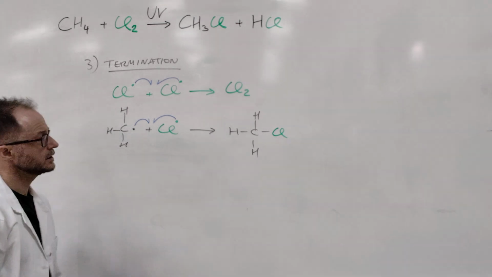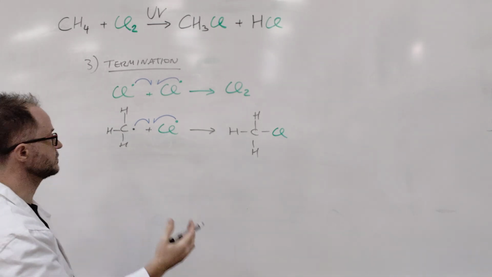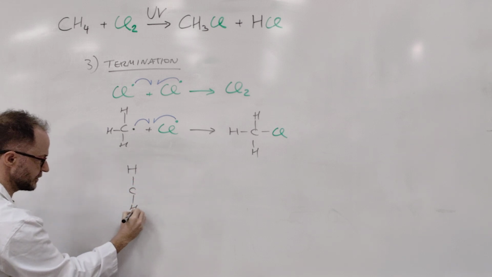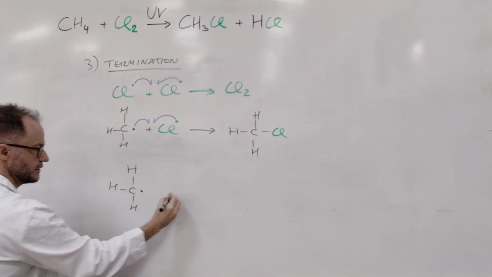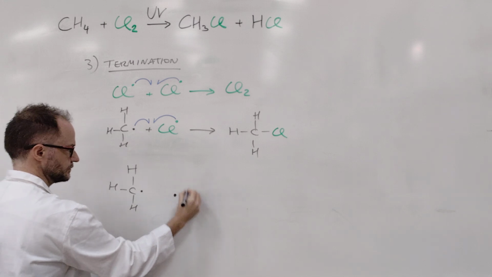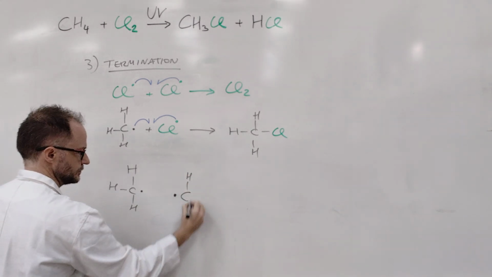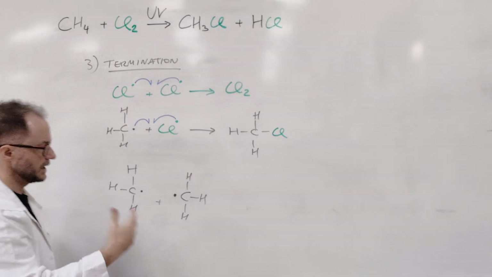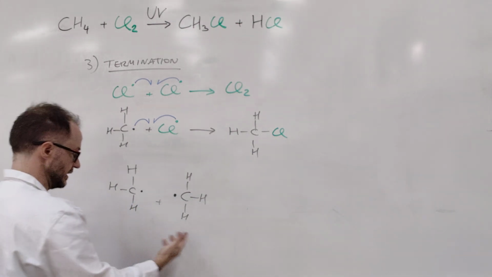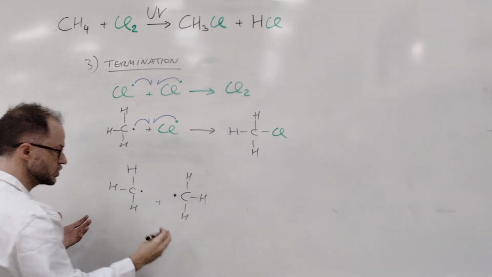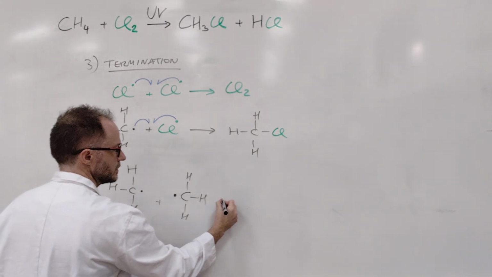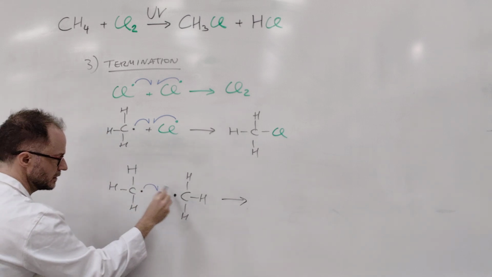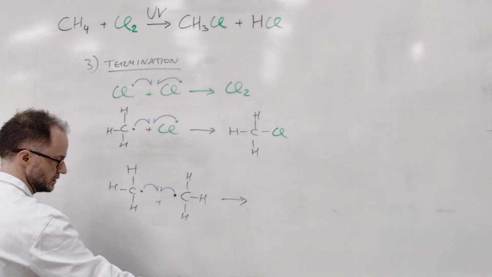And finally, we have the case where a methyl free radical could collide with another methyl free radical. And the mechanism explains this perfectly. Why do we find trace amounts of ethane in the final reaction mixture?